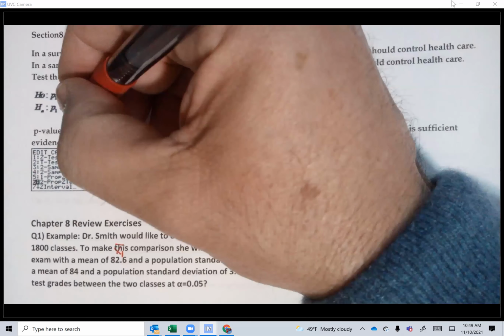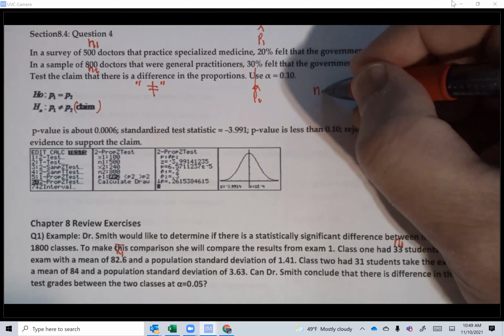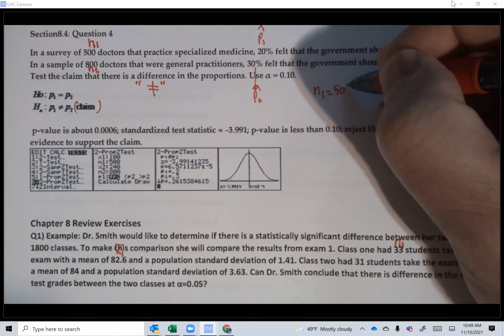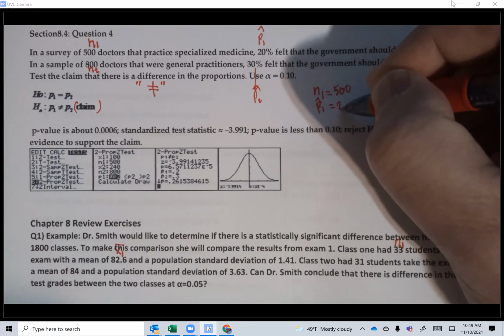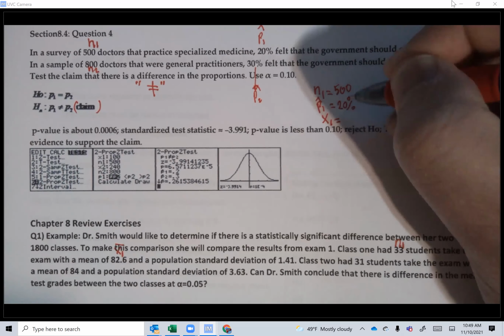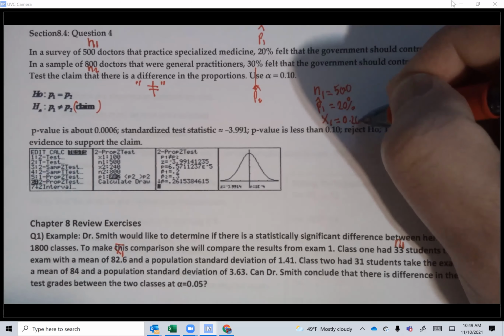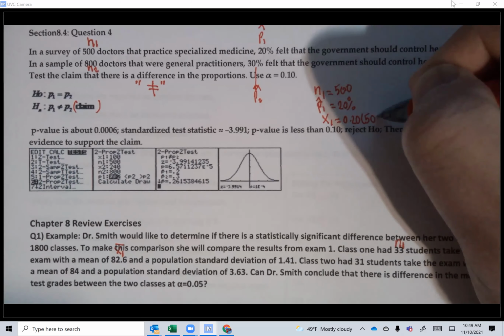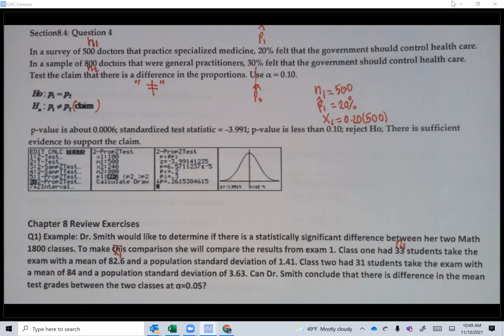Excuse me. And here we have N1 is 500, P1 hat is 20%. And look, guys, X1, you can do it right away. X1 is 20% of 500. 0.20 times 500. Excuse me, guys.